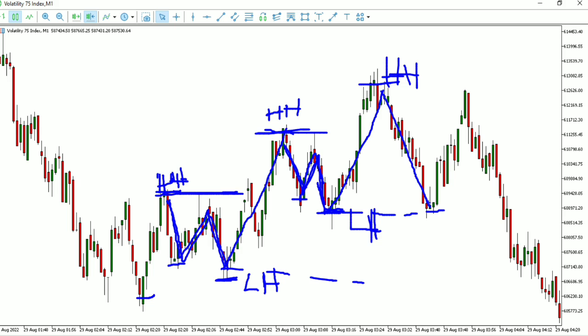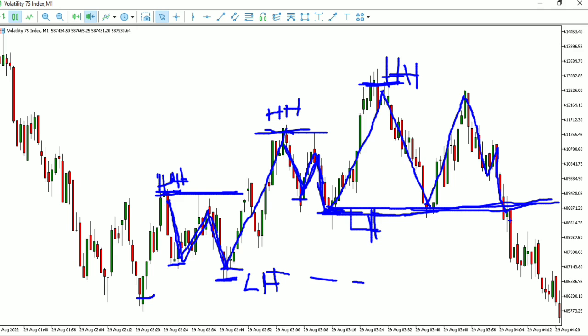Let me show you when this small uptrend ended. So we see the market moving up. It didn't break past here, so we were still in an uptrend at this point. It reverses up here. We were still in an uptrend up until the market broke past this level here. Once the market broke past this level, the uptrend is finished.